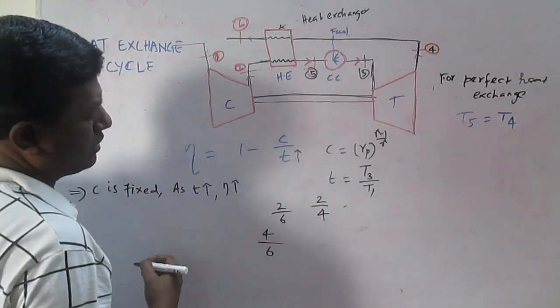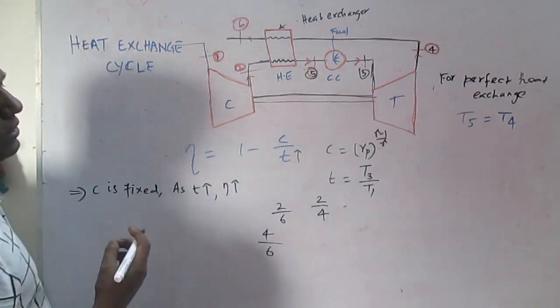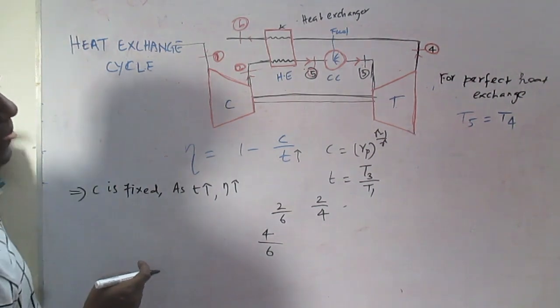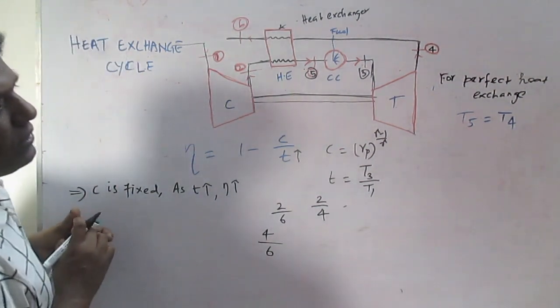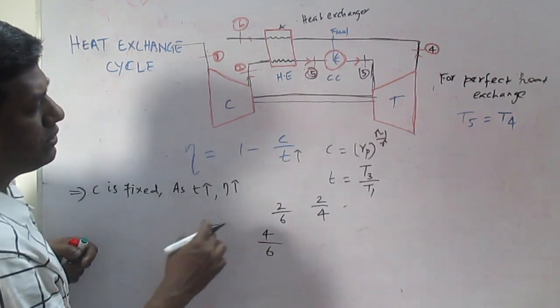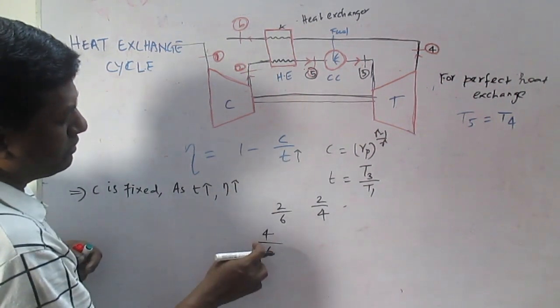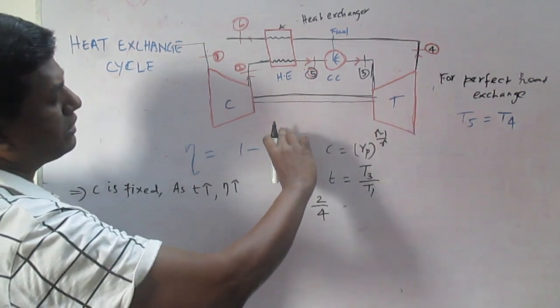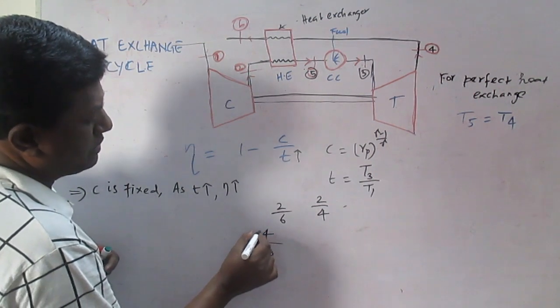So 4 by 6 is nothing but 2 by 3. So 2 by 3 is nothing but around 60. Okay, so if the C increases, then automatically this ratio also increases. So this is the best example.